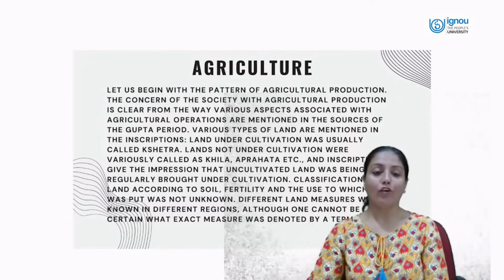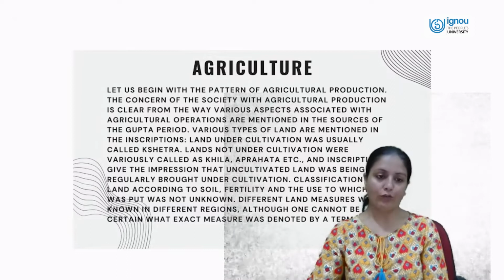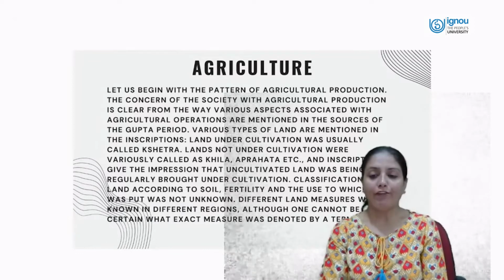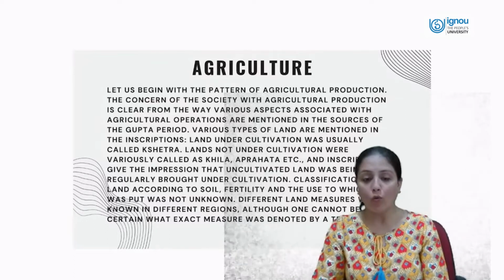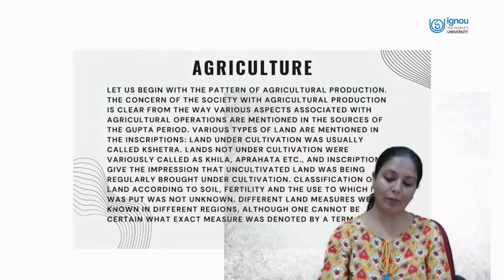Classification of land according to soil, fertility, and the use to which it was put was not unknown. Different land measures were known in different regions, although one cannot be certain what exact measure was denoted by a term.